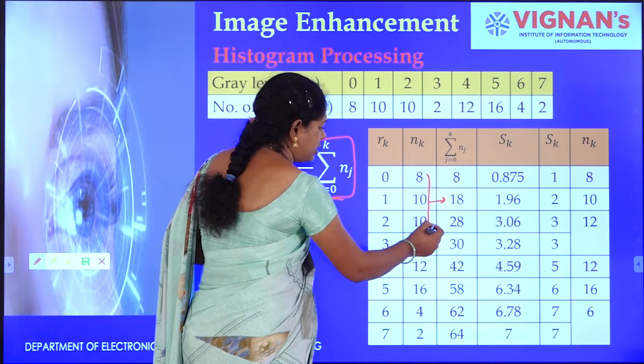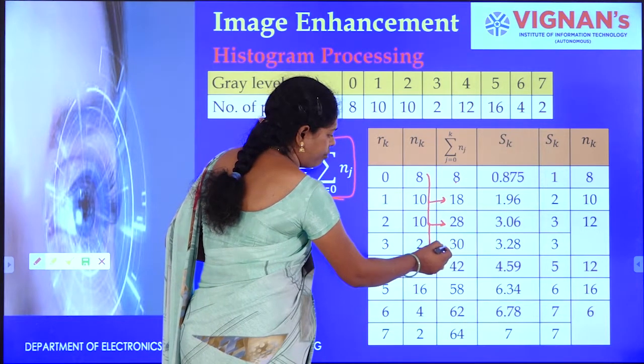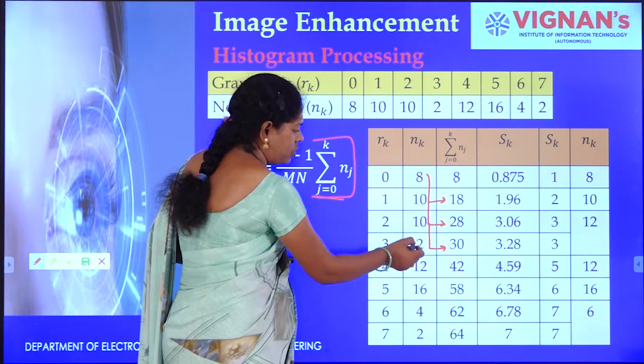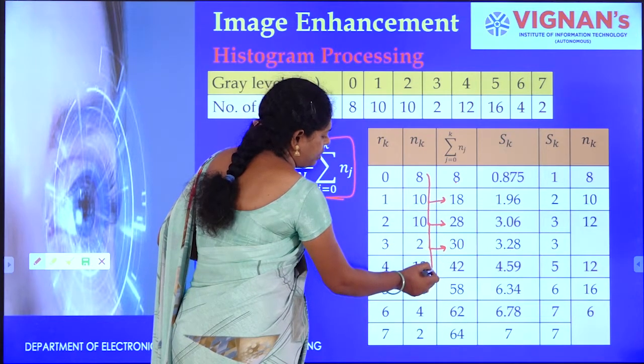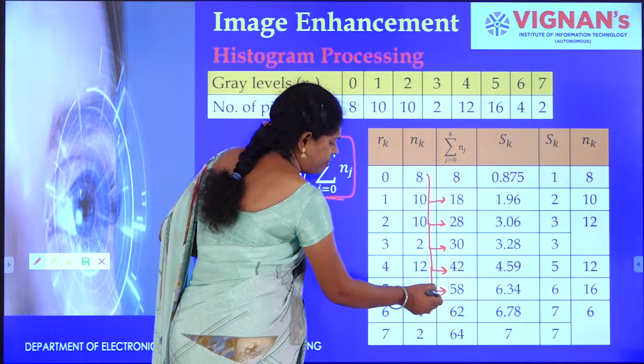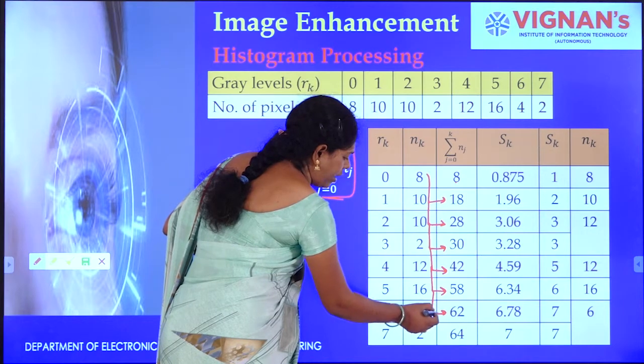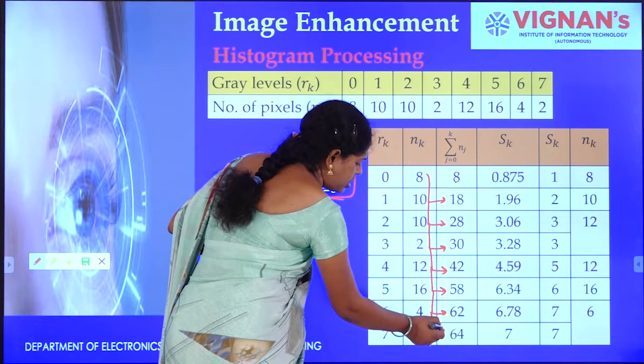Next we add 10, that is 28. Next we add 2, that is 30. Next 30 plus 12, 42. Next 42 plus 16, 58, and 58 plus 4, 62, and 62 plus 2, 64.